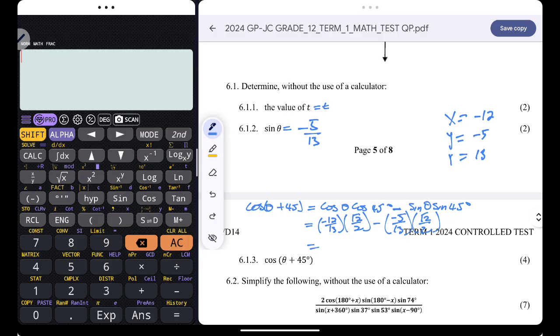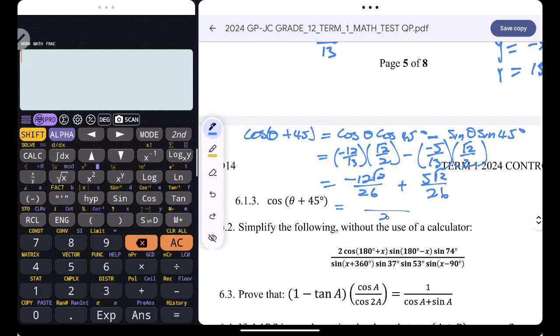So basically, what do we have? Okay, let's try doing it without a calculator. Negative 12 root 2 all over 26 plus 5 root 2 all over 26.